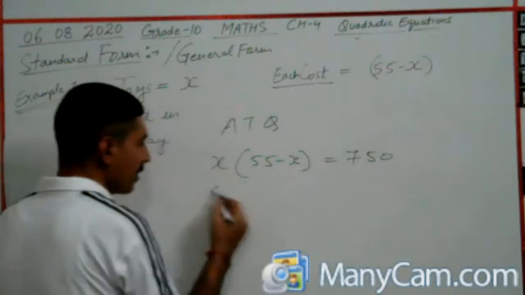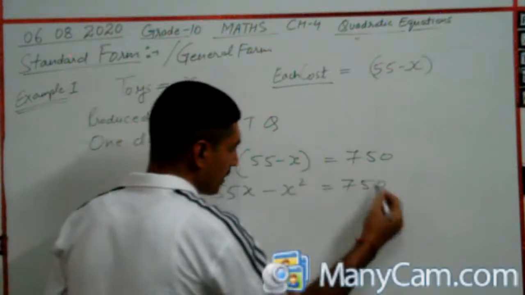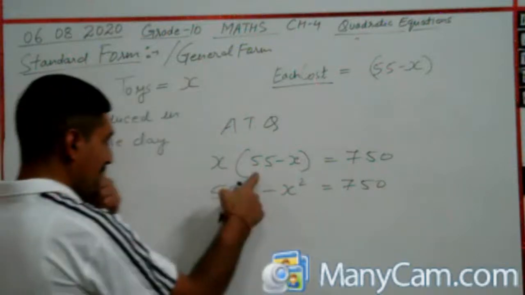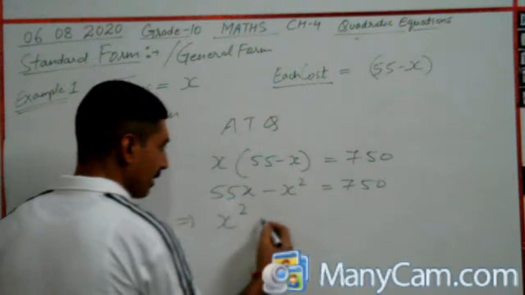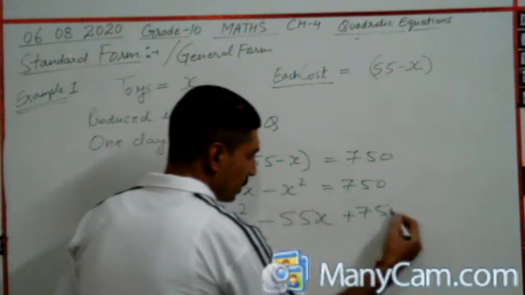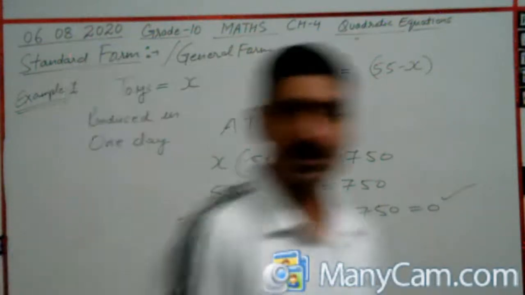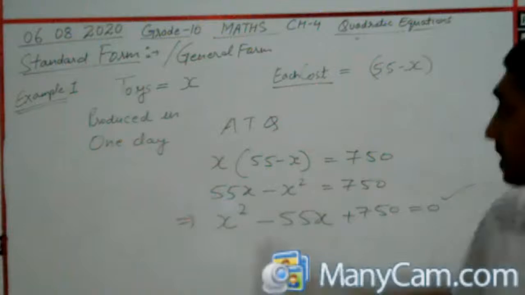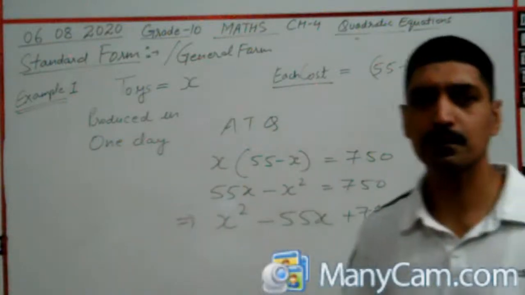So we have 55x minus x square is equal to 750, or you can write x square minus 55x plus 750 is equal to 0. So our motive here in the beginning is that the situation is there. If this is the question, we can very easily frame the quadratic equation and we will solve it.